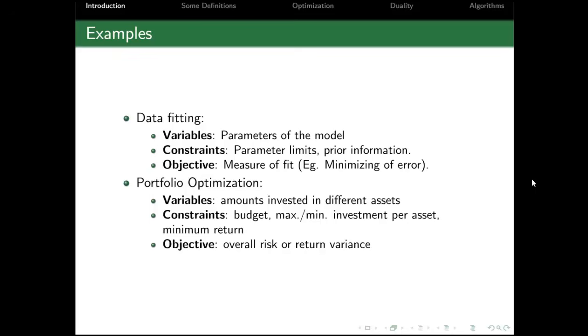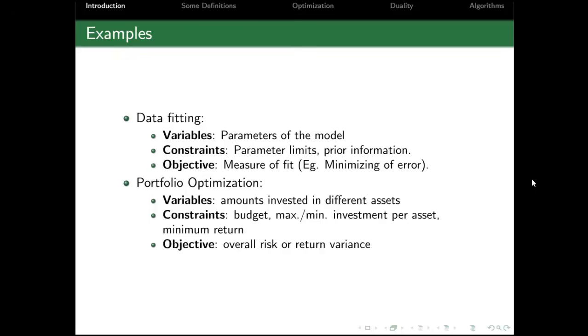In linear regression, we are trying to fit a linear model whose parameters are beta i's. Those translate to the optimization variables here. And constraints in general encode something like parameter limits or prior information which you want to encode. For the specific example of linear regression, we don't have any constraints.